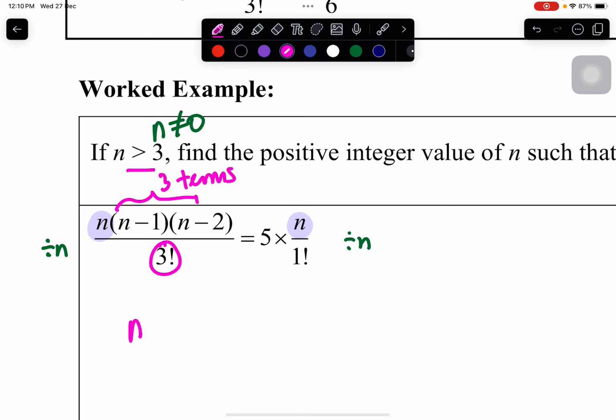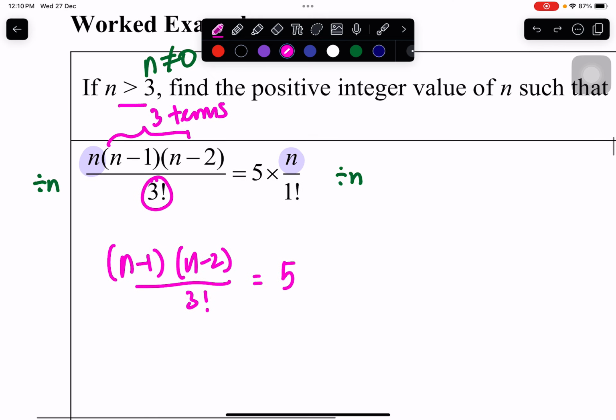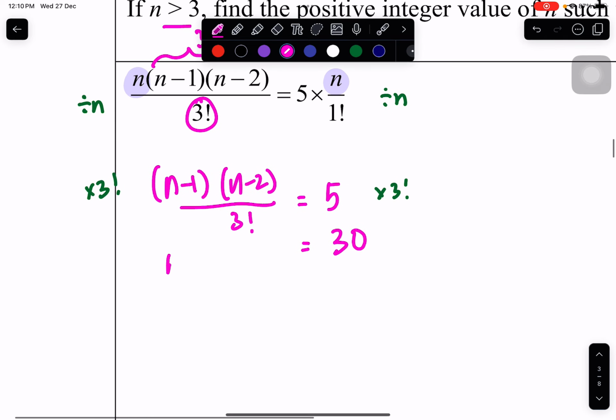This leaves us with n minus 1 times n minus 2 over 3 factorial equals 5. Now I can multiply both sides by 3 factorial. That will be 5 times 3 factorial, 30. So n minus 1 times n minus 2 equals 30.